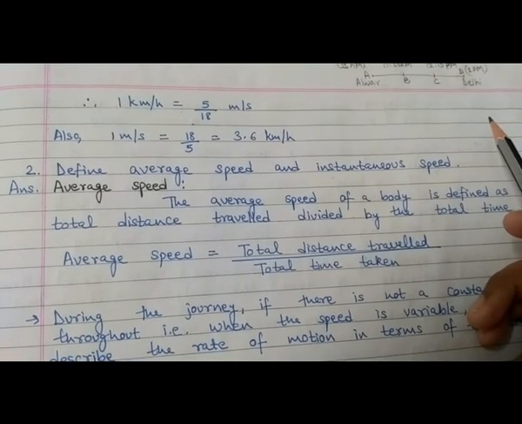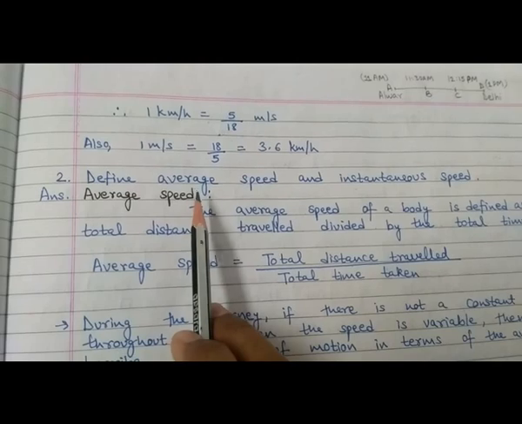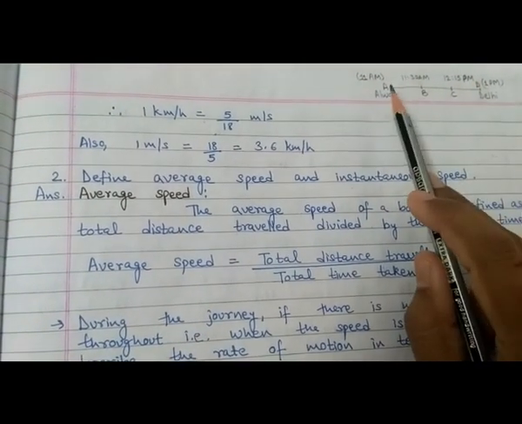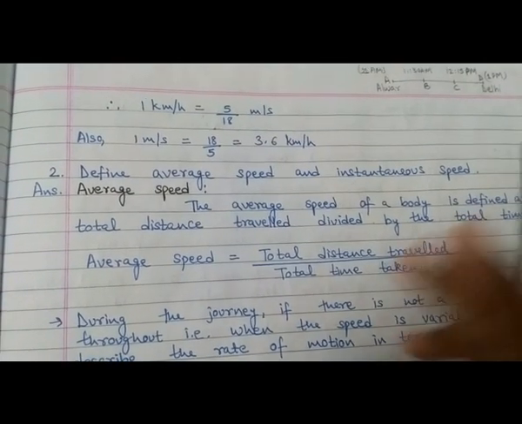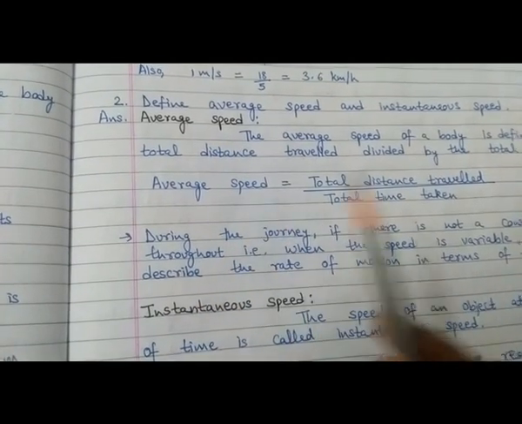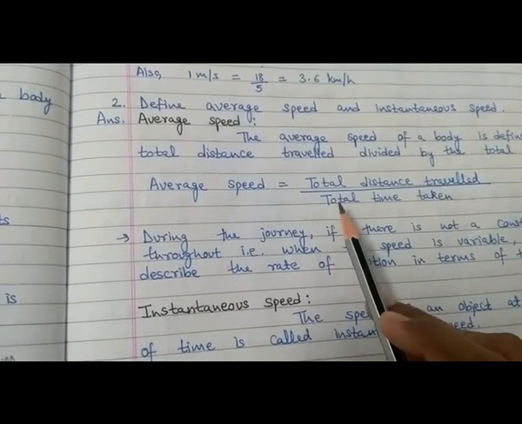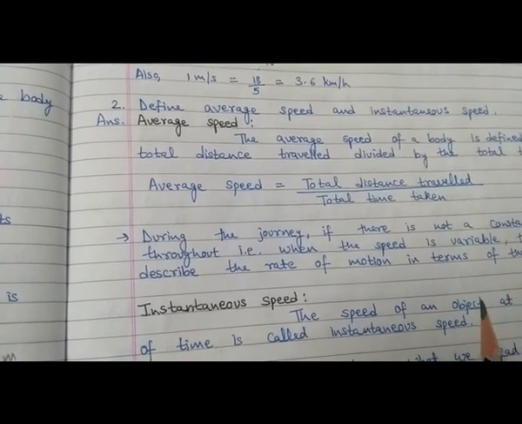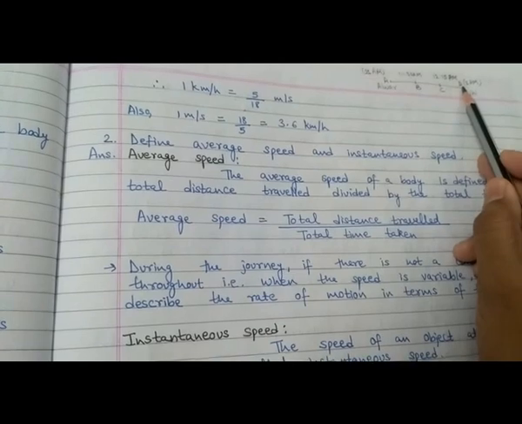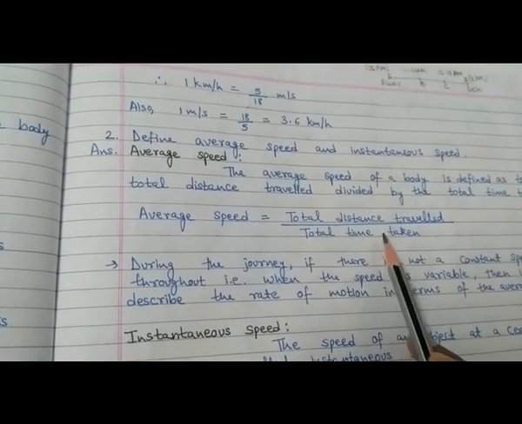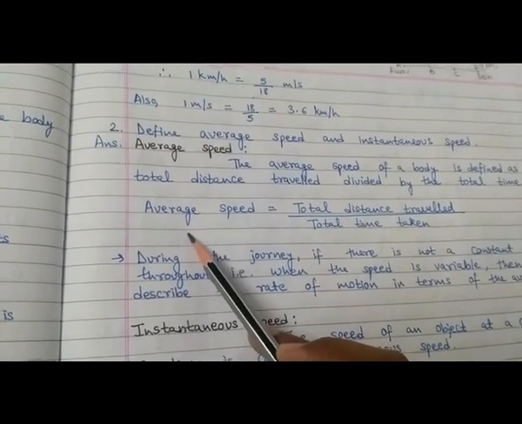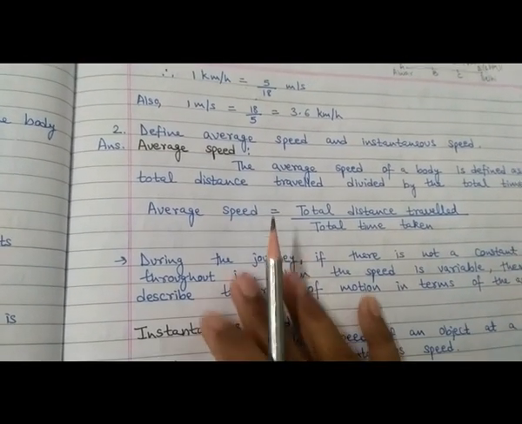The term that we use is average speed. The average speed formula was total distance traveled upon total time taken. First we calculate the total distance traveled, then the total time taken, then we divide, and we get our average speed.